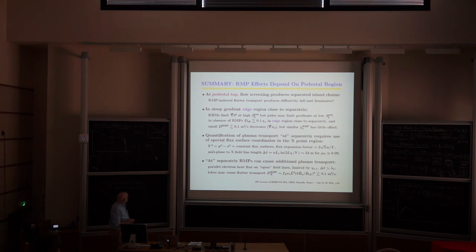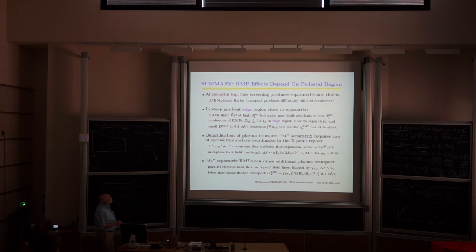In the very steep gradient region here, there may be a mix of at low beta paleoclassical and high beta kinetic ballooning modes that a guy named Phil Schneider works on quite a bit and so forth.